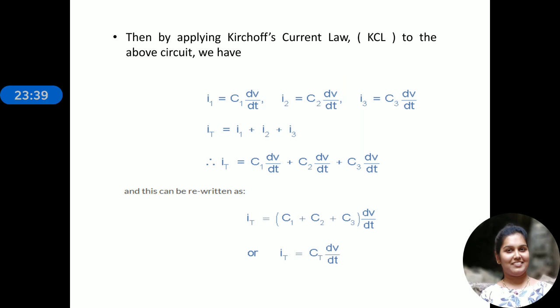This is how we write the currents that are flowing into the individual capacitors, right? So altogether the total current can be written as the sum of all the currents, that is IT will be equal to I1 plus I2 plus I3.